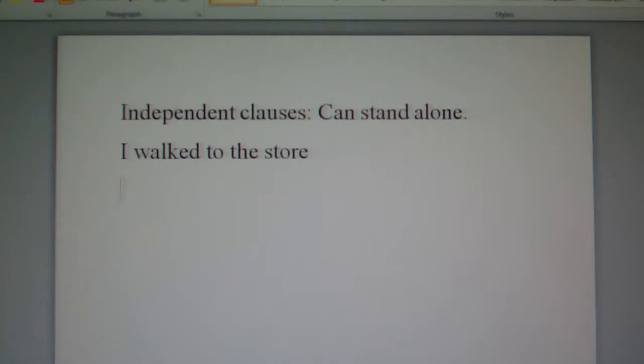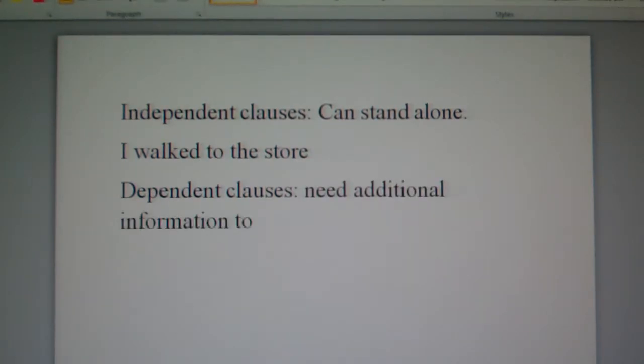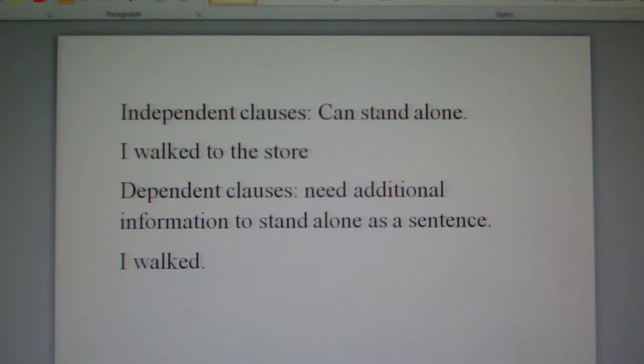Now we also have what are called dependent clauses, which need additional information to stand alone as a sentence. If we were to break up the sentence that we just had, you might see that I walked is about as simple as it gets. It is a subject verb.